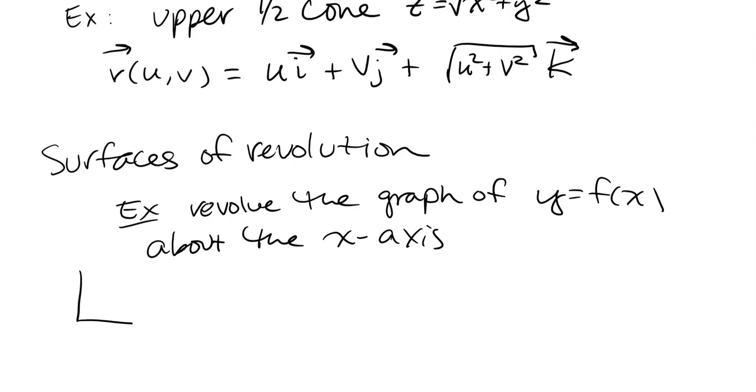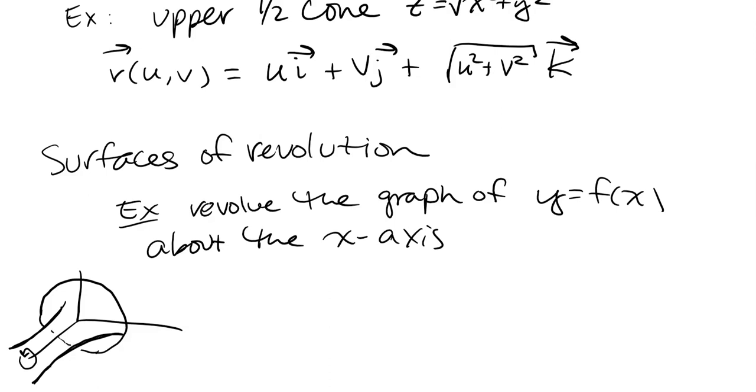So that might look something like this: down here we'd have a y equals f of x function that lives in the x y plane, and then we're going to take that and revolve it around the x-axis. So then what we're going to get is this coming up and creating a nice circular portion up here.